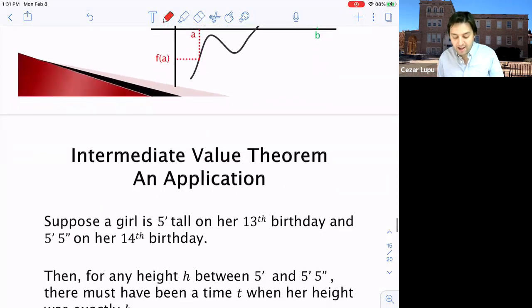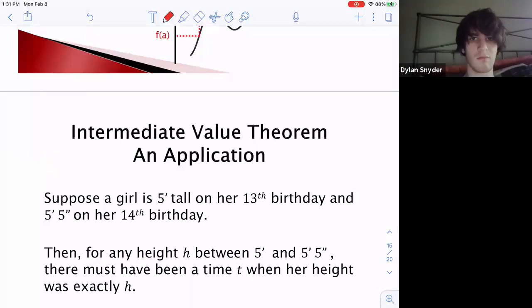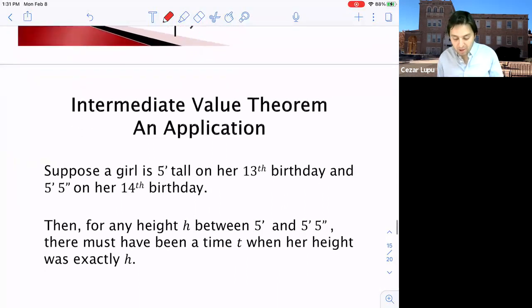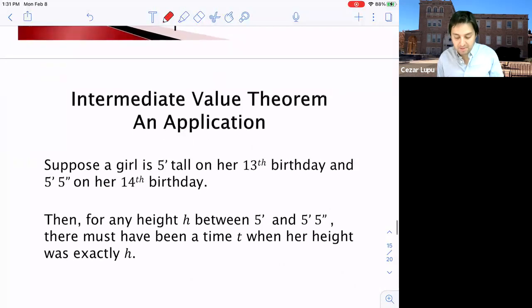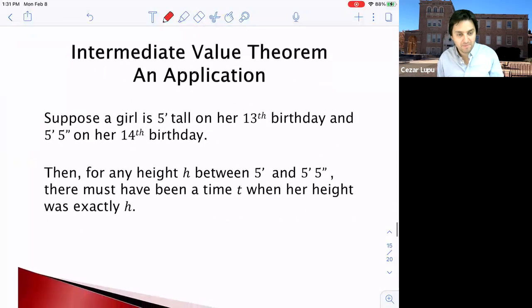Well, guess what? Then for any height h between 5 and 5.5, there must be a time t when her height was exactly h. For any height h. Can you believe this? Well, this is an application of the intermediate value theorem.